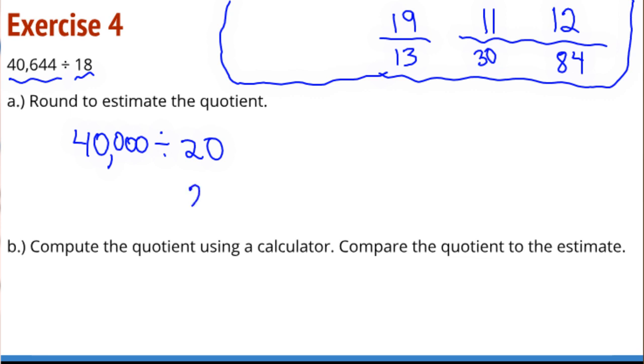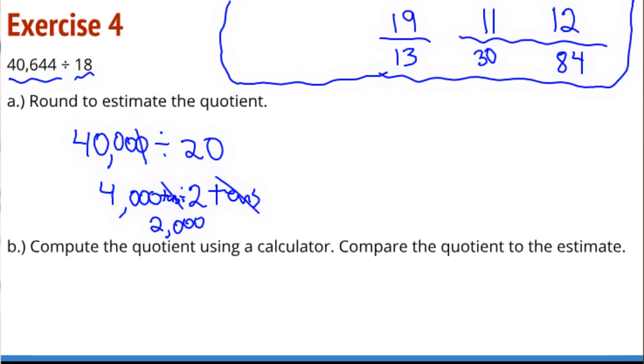And write the 20 as 2 tens. And then I'm going to divide a 10 off here, I've got 4,000 tens. So the tens will cancel each other out. And I've got 4,000 divided by 2 for an estimate of 2,000.